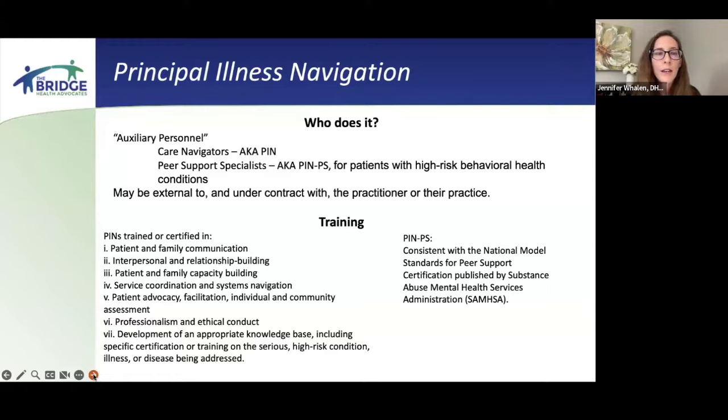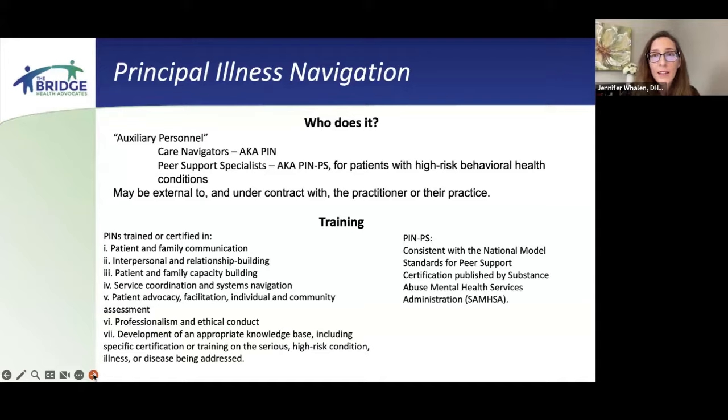They're a little bit different, and they're differentiated by the reimbursement codes that you're going to use, and by some of the training. So we'll see that. These auxiliary personnel can be external to and under contract with the practitioner or their practice. They don't have to be employed by them. They don't have to be in-house. They can be under contract with them.